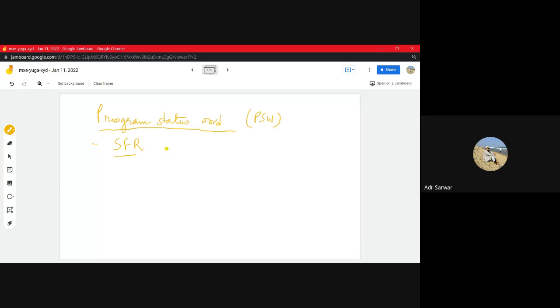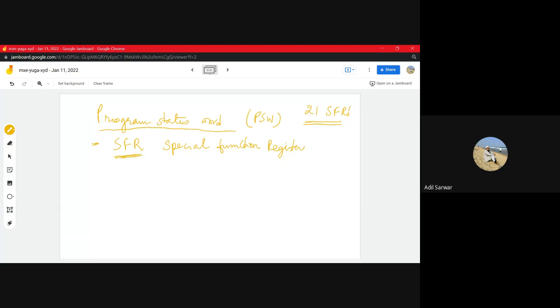SFR implies special function register. There are around 21 SFRs in 8051 for various operations.